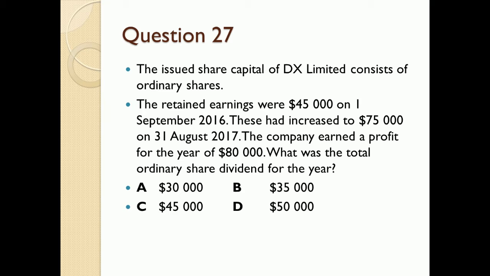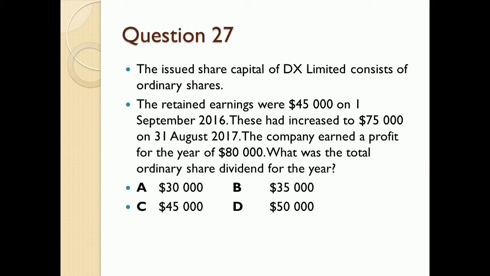So altogether they make 125. Out of 125,000, you just had 75,000 balance, okay? And how much have you paid in this case? You have to calculate the amount by which dividend has been paid. So I guess you got the idea.